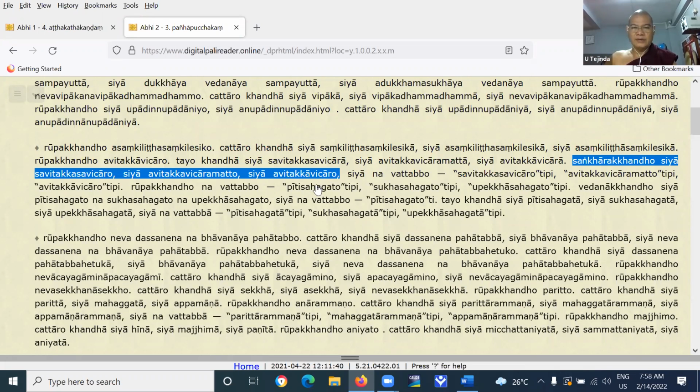Let's see here, Avitaka Avicharo. How many do we have? We have the 11 Vichara, and then 30, 36. But we have to subtract the Vitaka and Vichara.